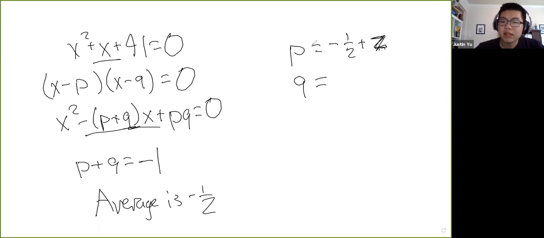If p is equal to this, and we know that p plus q is -1, what is q equal to? Nobody is responding. I guess I've really stumped everybody.